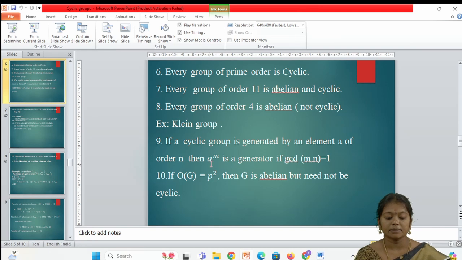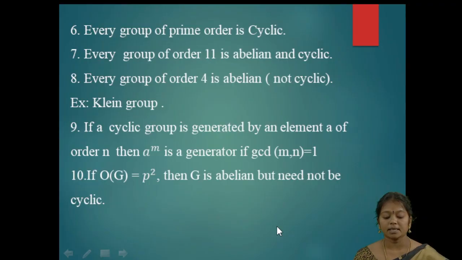In this statement, generated by an element A of order n, then A power m is a generator if GCD of m comma n equals 1. i is a generator of order 4. Then i power 1 is also a generator, when GCD of m comma n is 1. Here the m value is 1 and 4 is the order of A. Then GCD of 1 comma 4 equals 1. So i is also a generator.